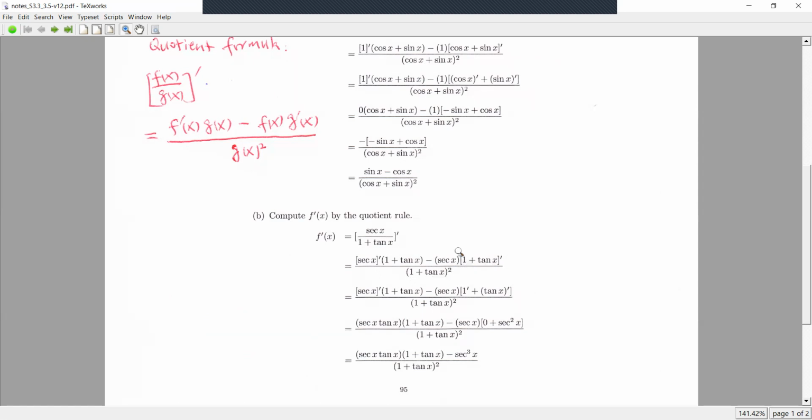Apply the summation rule here. Then we have this equation. The derivative of secant, from the book, is secant times tangent. The derivative of 1 is 0. The derivative of tangent is secant squared. Simplify this expression a little bit, then we get the answer. This is the derivative of function f.